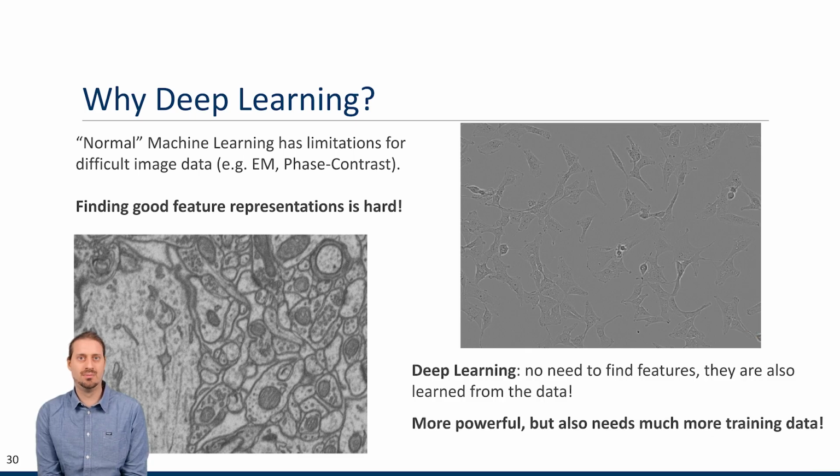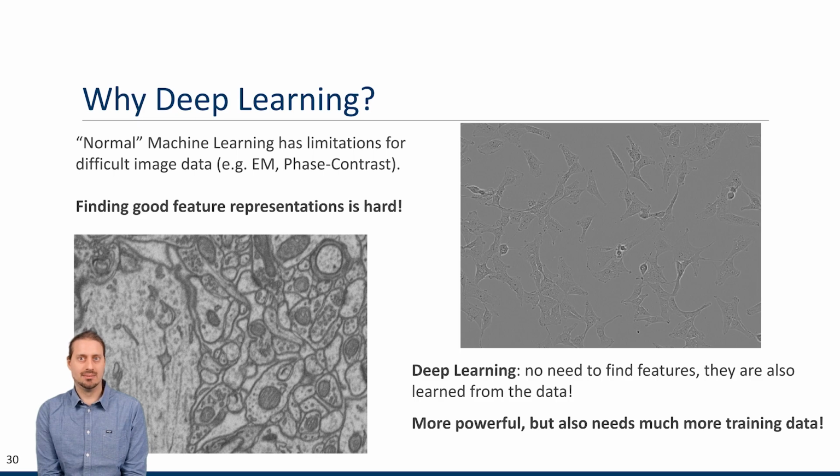And this more powerful model is deep learning. And the idea there is that we don't need to define these features anymore, right? So basically, we are not computing all these image filters as input for our model, but instead the deep learning model is applied directly to the image and can also learn these features together with the decision from the data.